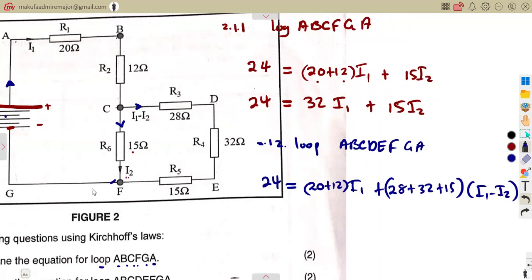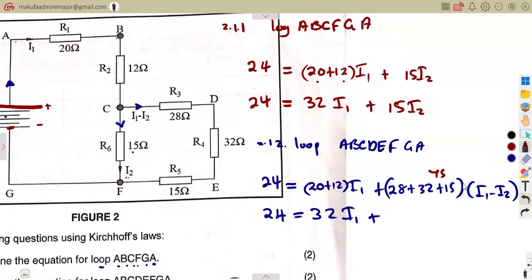Then from F to G, we are back to this branch which we had talked about before, so there's nothing to consider there. So this is what we just had. Let us combine. So 24 is equal to 32 I1 plus, if you add these values, you're going to obtain 75 in this case.